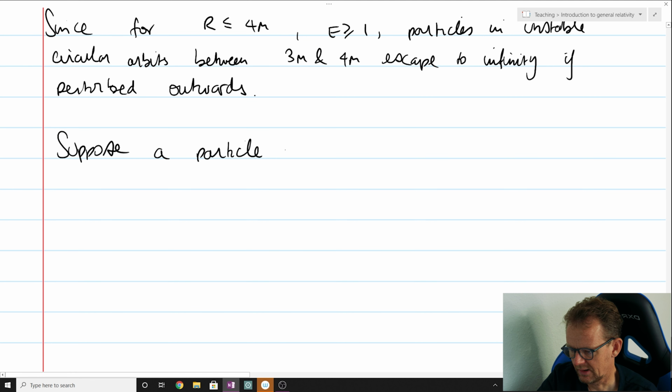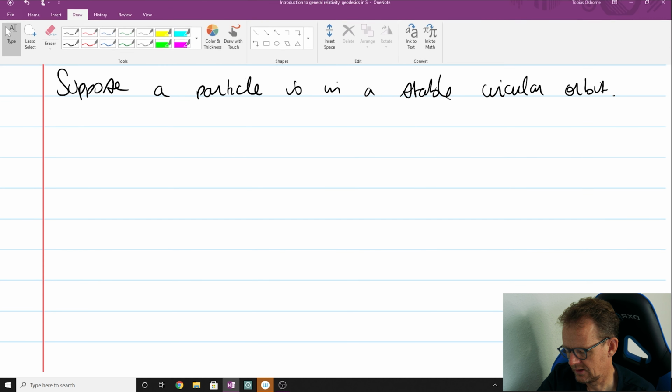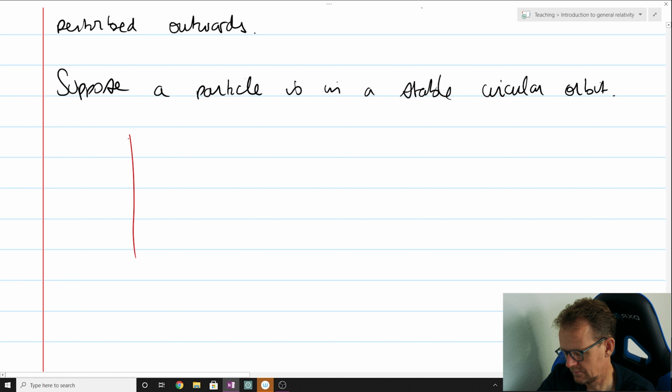So let's suppose we have a particle in a stable circular orbit. What does that mean on our potential diagram? So our fictitious unit mass particle will be in that potential well now.